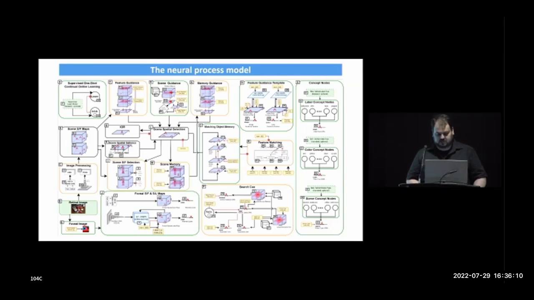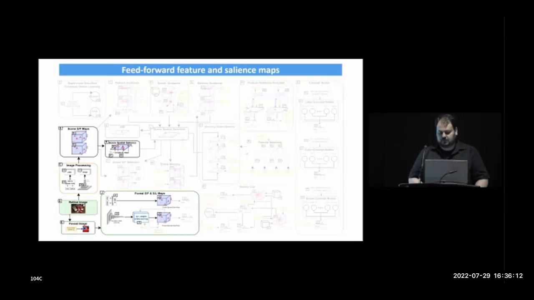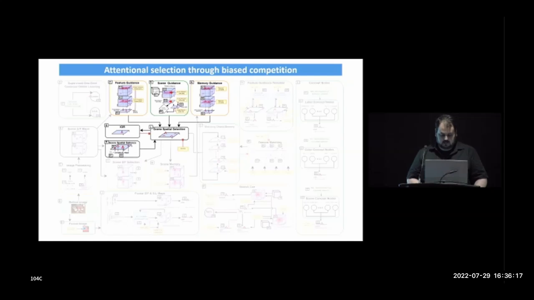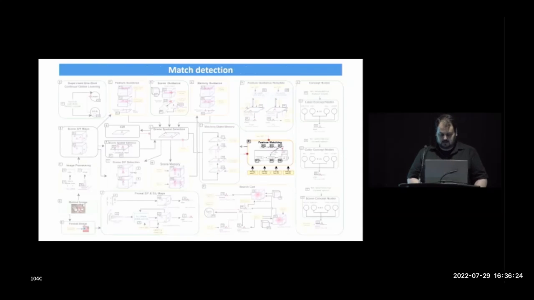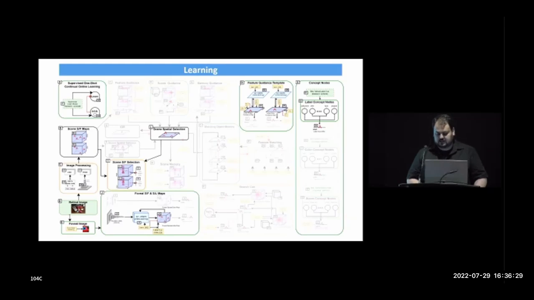These neural processes are, for example, extracting feed-forward features and creating saliency maps from visual inputs, attentional selection through biased competition, and feature binding in the sense of Treisman's feature integration theory, match detection between expectation and perception, learning the association between the complex foveal features at the attended location and the categorical concept for object recognition, and learning the association between the concept and the retinal pre-attentive features as an attentional guidance template.